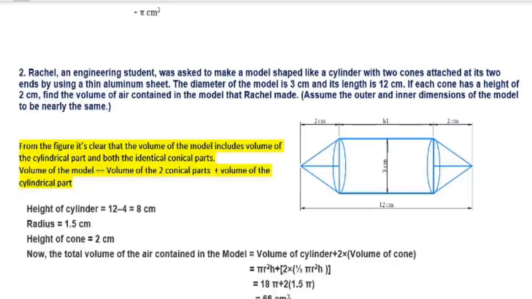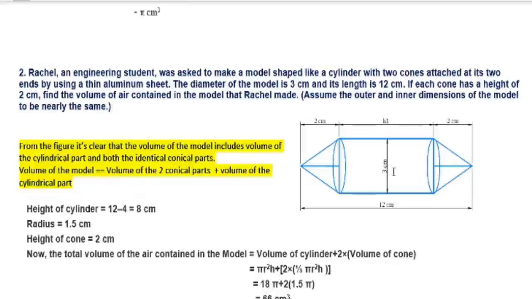Here the diameter of this cylinder is 3 cm. So you can write radius equal to 3 by 2 or 1.5. And the total length of this model is 12 cm. Total length means height of this cone plus height of this cylinder plus height of this cone.